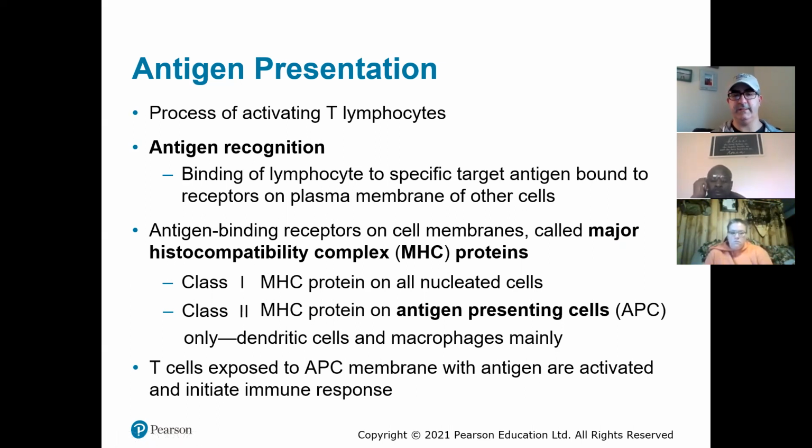They're going to leave those cells alone. But class 2, right? Class 2 cells are those non-specific white blood cells that can chew up something and take that antigen from what they chewed up and put it on the outside of themselves. So they can be antigen presenting cells, right? So the T cells are exposed to an antigen presenting cell, and then they're activated and initiate their immune response.